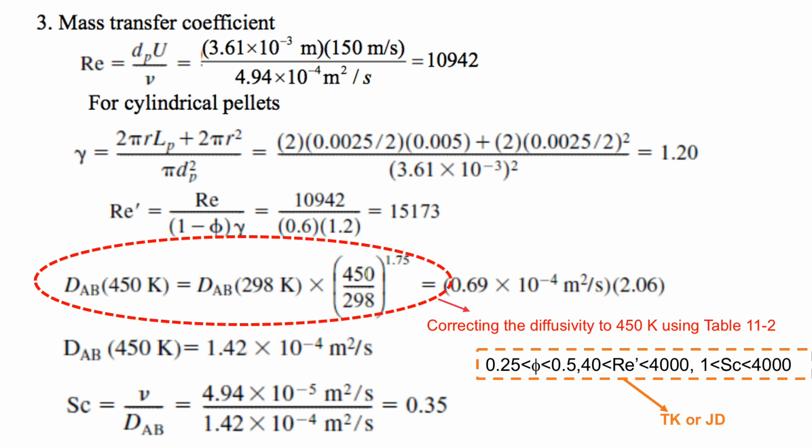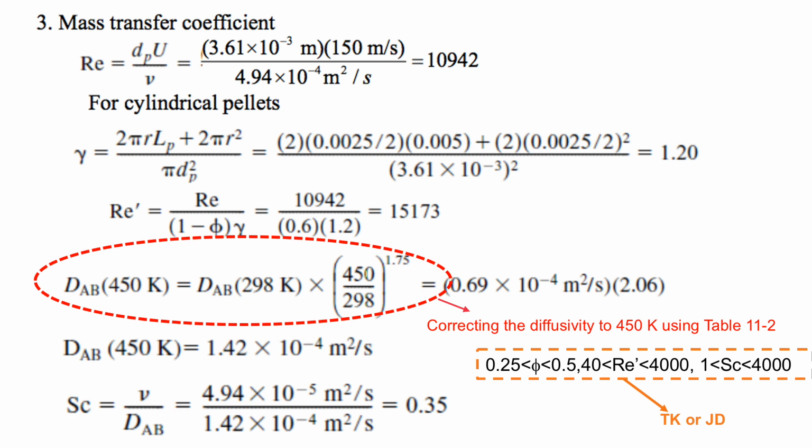Then before we can calculate the Schmidt number, we need the DAB. So bear in mind that just now DAB was given at 298 Kelvin. You need to calculate a new value of DAB at 450 K, that is the reaction temperature, using the formula in table 11.2 in your textbook, right?